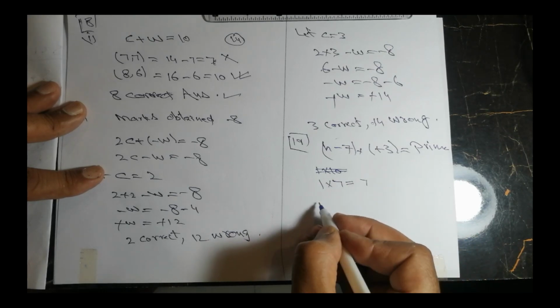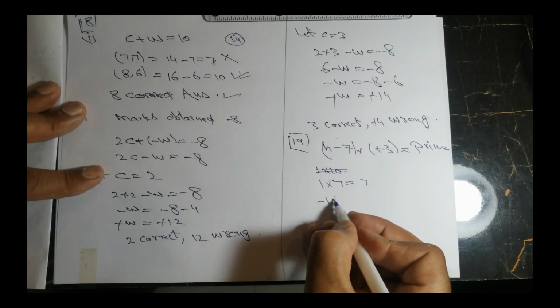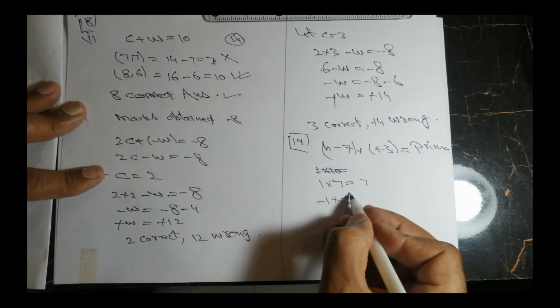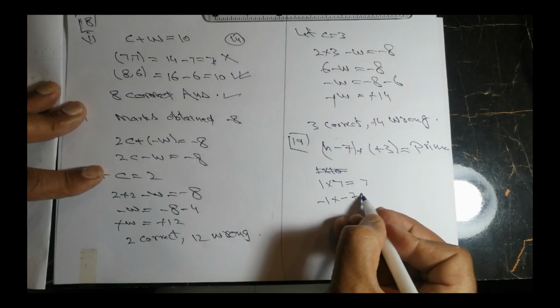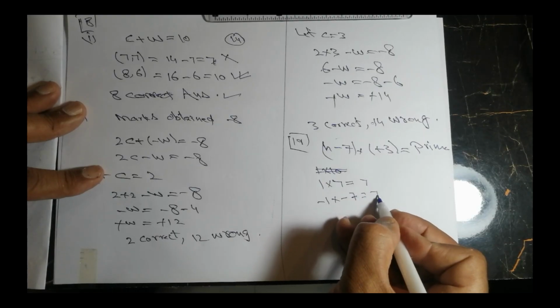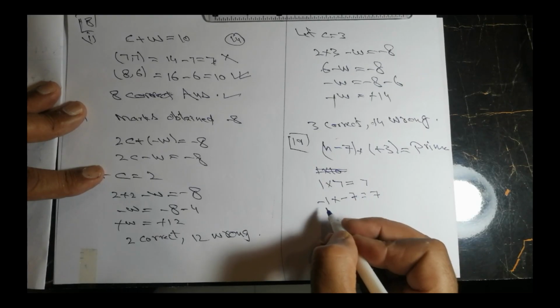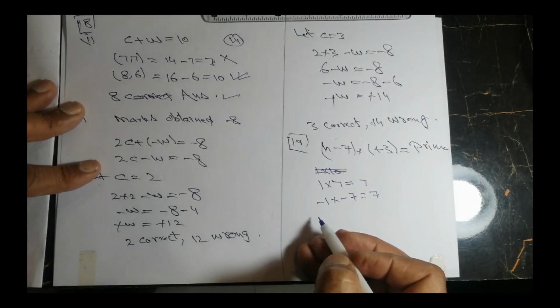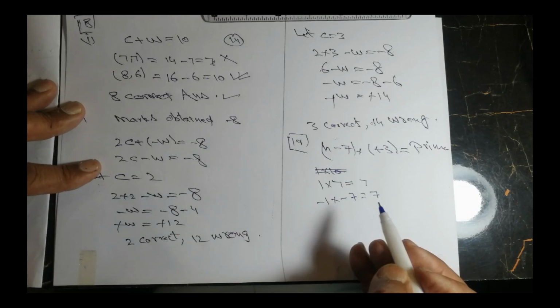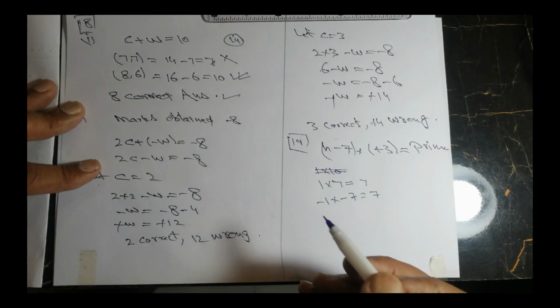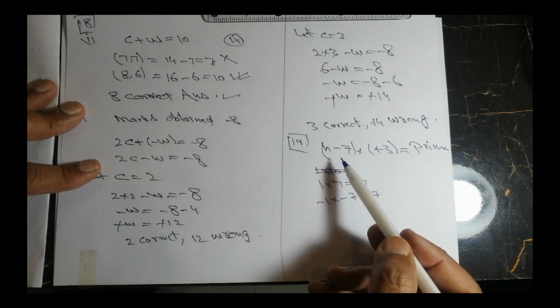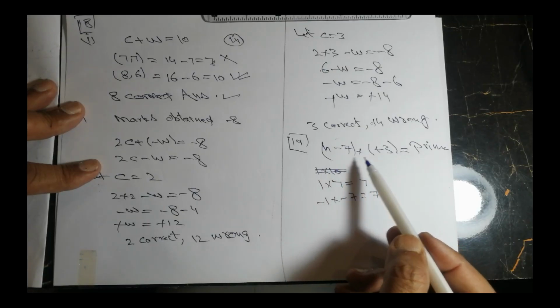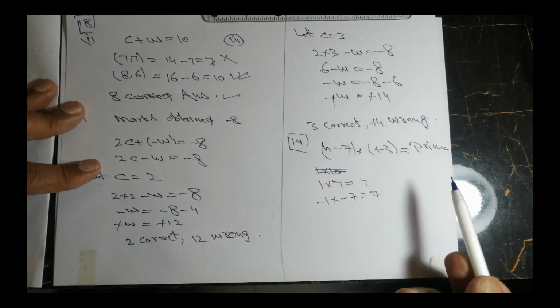Or if we multiply minus 1 with minus 7, then again it will be the same result, 7. Minus 1 into minus 7 is plus 7. So it means that only plus 1 and minus 1 are the factors with which we can multiply and get a prime number.